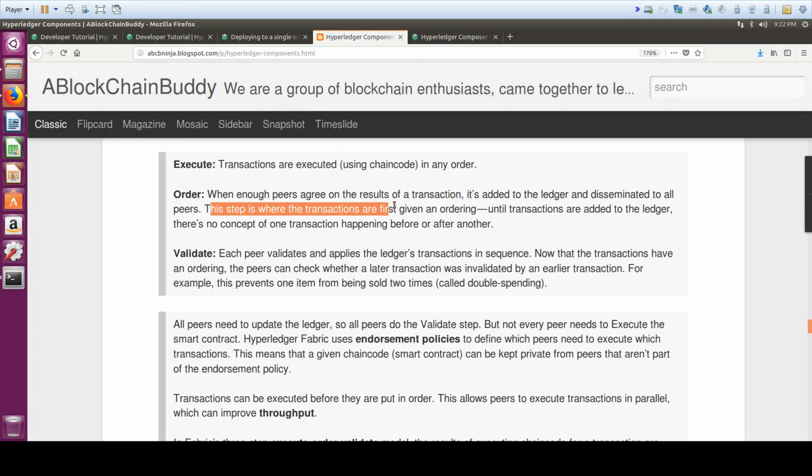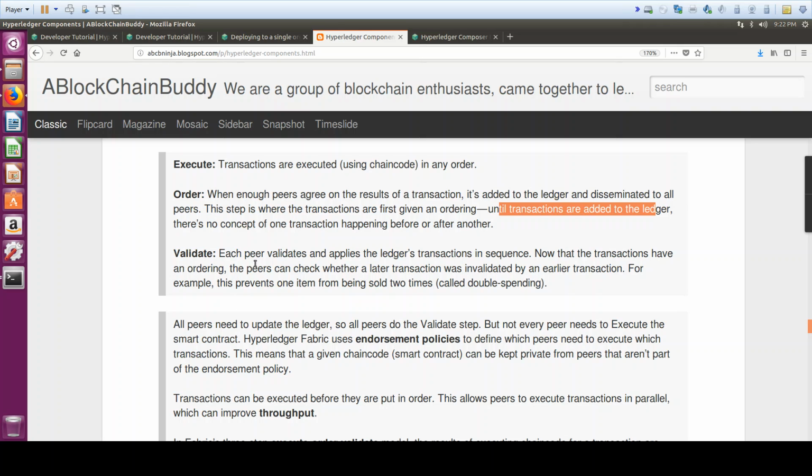This step is where the transaction is given an ordering. So when it executes, there is no order. In the ordering step it gets the order, and until the transactions are added to the ledger, there is no concept of one transaction happening before another transaction.